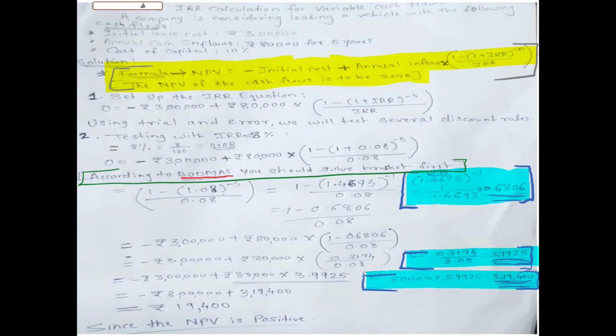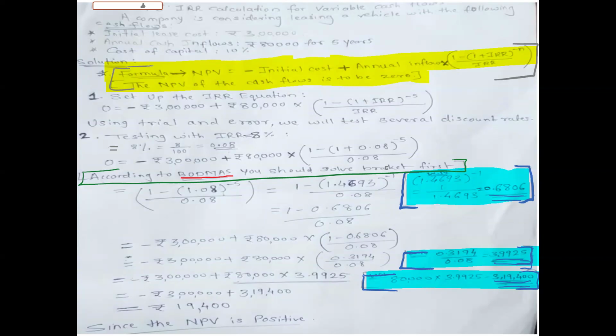So, according to the formula, we'll put in the figures. 0 is equal to minus rupees 3 lakhs plus rupees 80,000 into [1 minus (1 plus 0.08) to the power minus 5] divided by 0.08, where we have taken the IRR of 8% as 0.08.